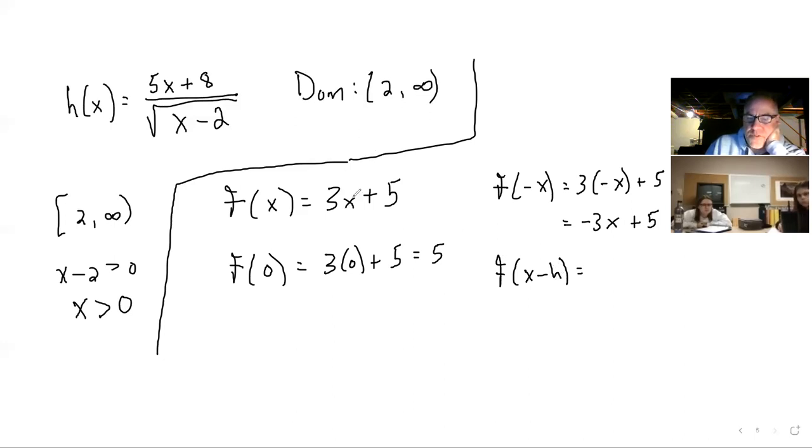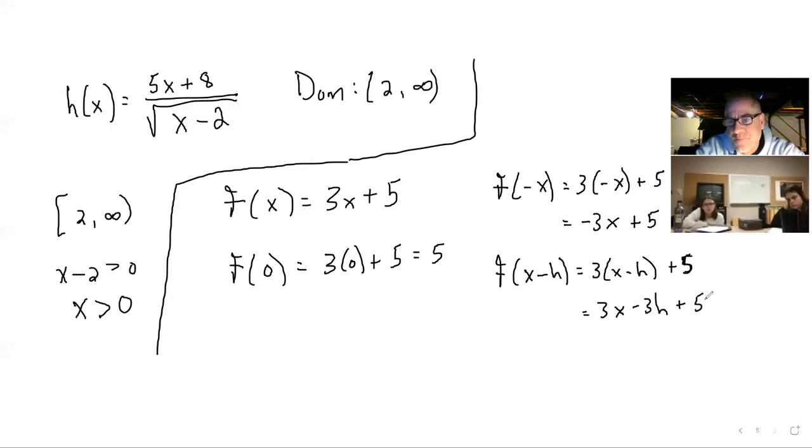Sometimes the students get confused. They see an x here and they see this x and it just doesn't connect. You would literally just input x minus h into 3x plus 5. And then all you could do is distribute the 3. That would be it. All right.